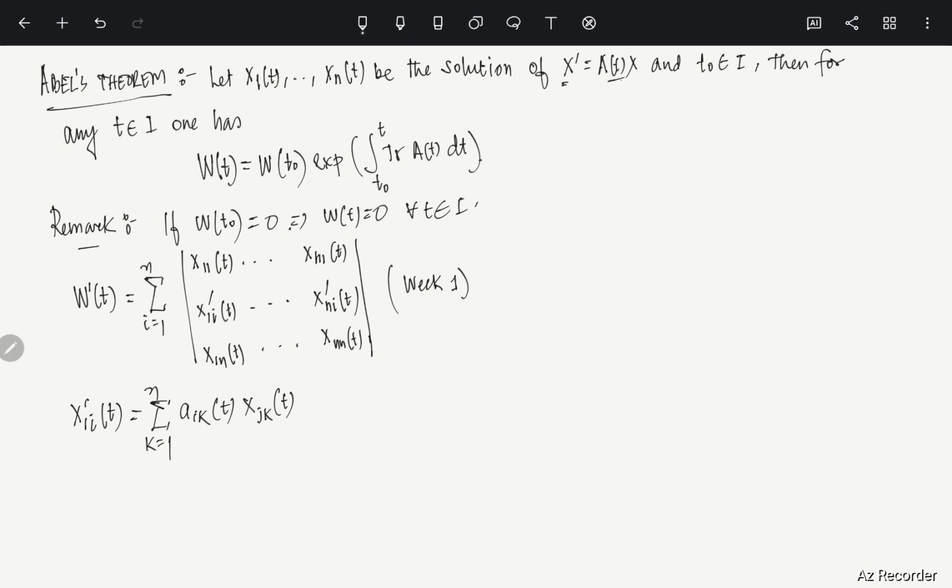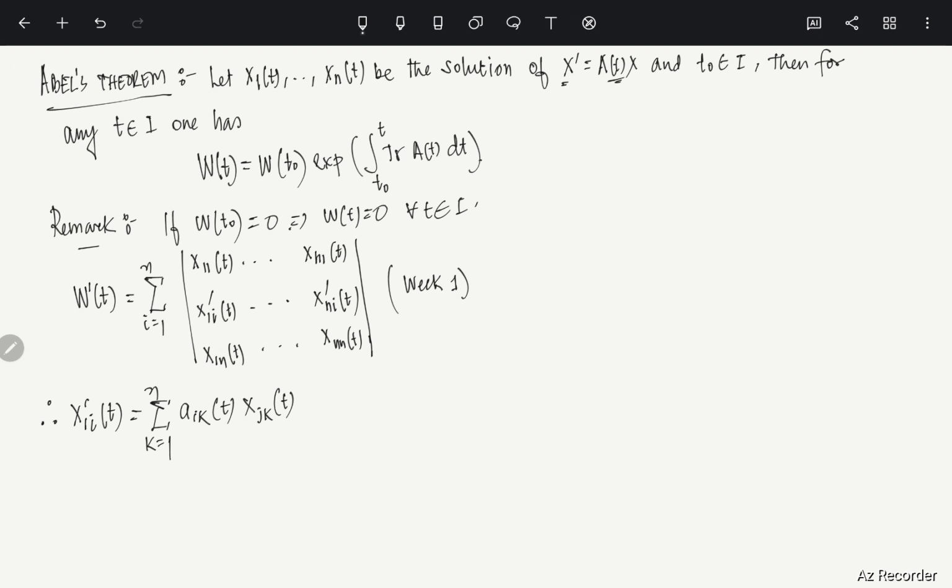If you break it up, x1 prime, x2 prime will be nothing but that matrix times x1. So you can compute that, and this is what we are going to get.